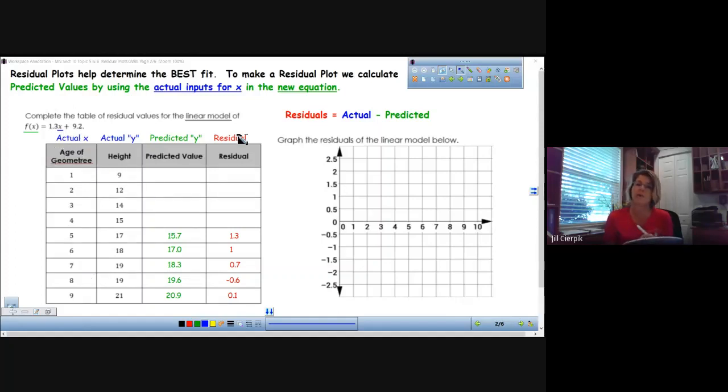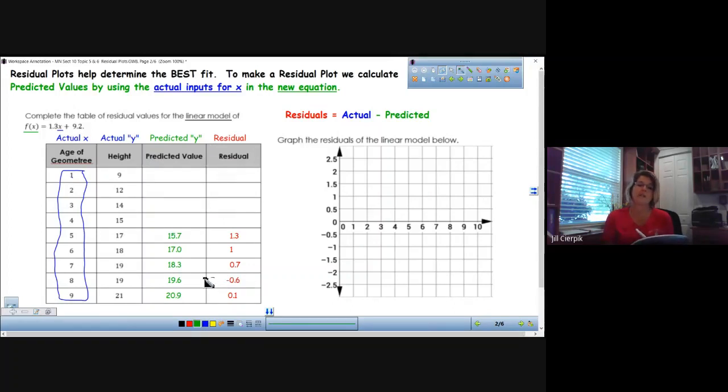So if I came up with the linear model f of x equals 1.3x plus 9.2, I'm going to take all of these actual values right here, and one at a time, because this is a function table, that's all it is, I'm going to take these values one at a time and plug the x values in place of x and do the math. What you have right here are the actual values from the first page, but I'm going to calculate the predicted column.